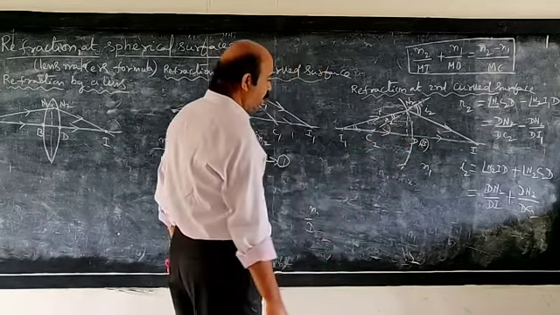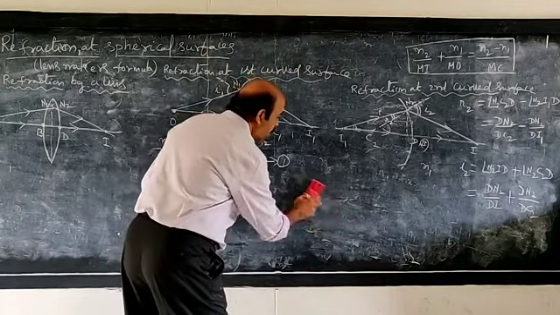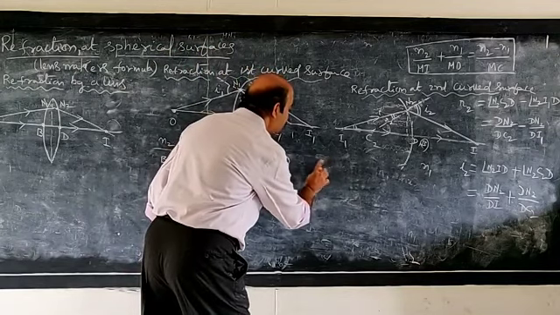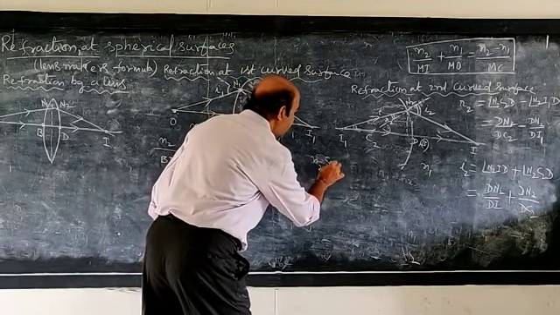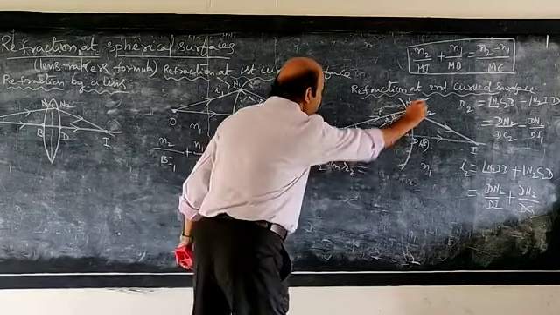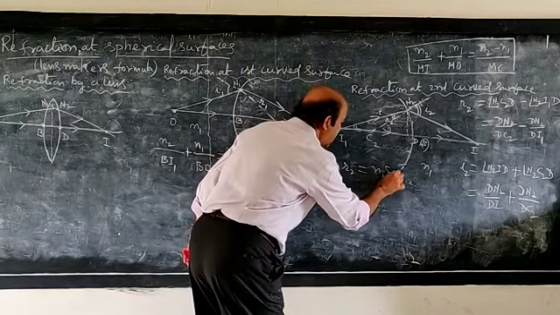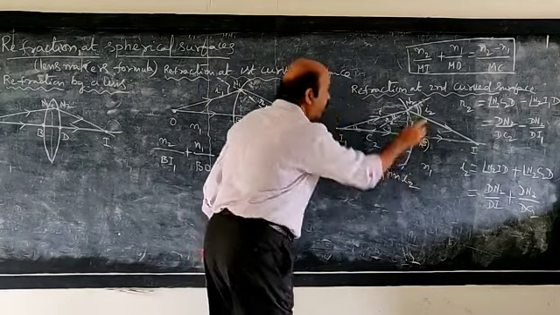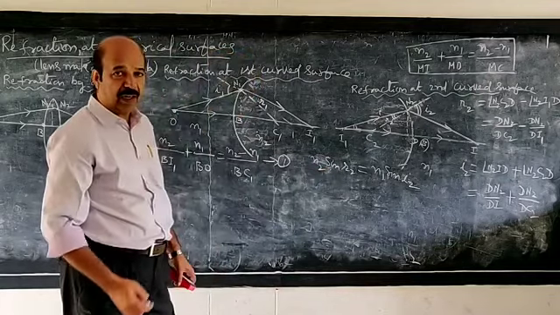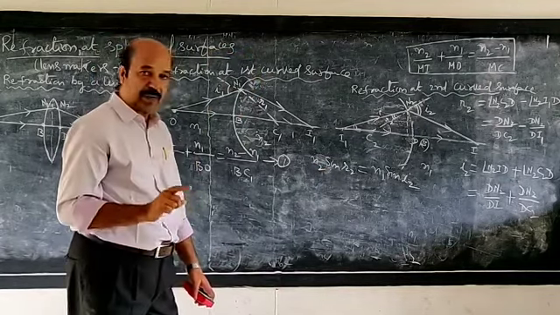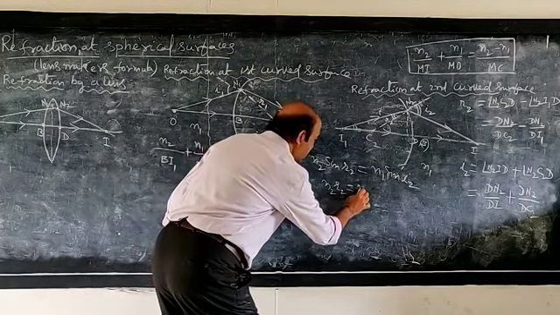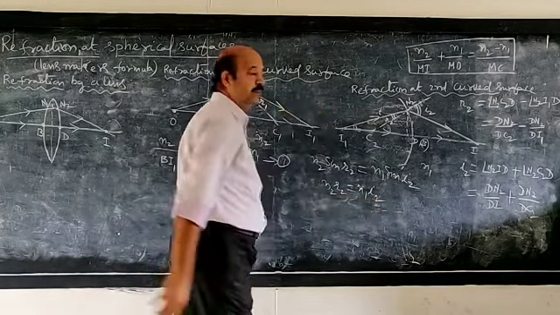Now let us make use of Snell's law. What is Snell's law? N2 sine R2 for this medium must be equal to N1 sine I2 for the rarer medium. Since the angles R2 and I2 are very small, according to the approximation we can rewrite it as N2 R2 equal to N1 I2.